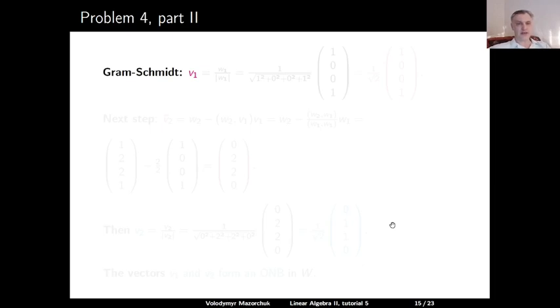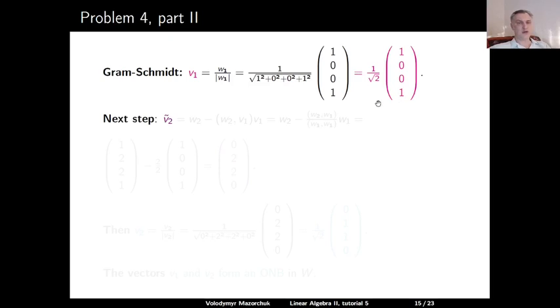So first we normalize w1, so v1 is equal to w1 divided by its length. So it's 1, 0, 0, 1 divided by the square root of 1 squared plus 0 squared plus 0 squared plus 1 squared. So it's 1 divided by the square root of 2 times 1, 0, 0, 1.